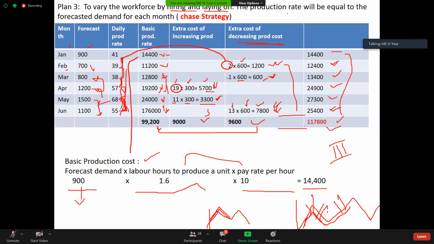Any other student? Roll number 15. What is the suitable strategy? Second one. Why? What is your name? Vishal, sir. Vishal, can you read out the second strategy value? 1,05,625.